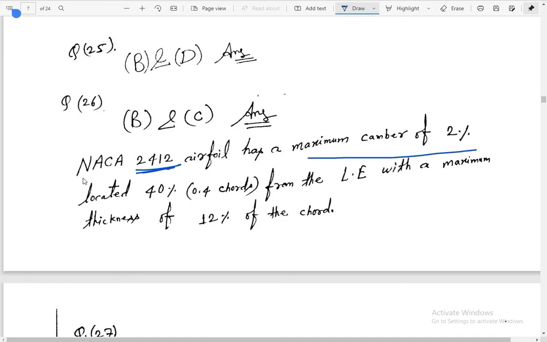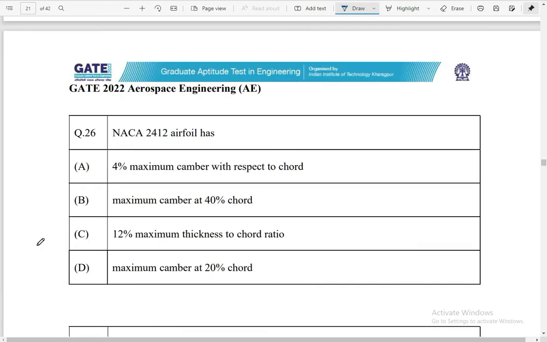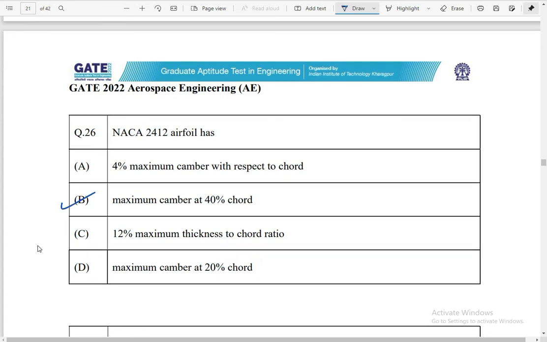This number represents the location, 40%, meaning 0.4 chord from the leading edge, of the maximum camber. And the last two numbers represent thickness, 12% of the chord is the maximum thickness. That is maximum camber at 40%, and the thickness 12% maximum thickness. B and C is the right option.